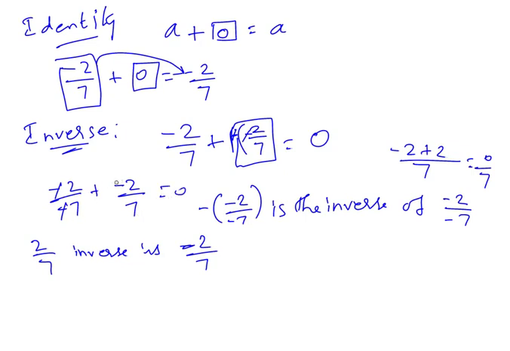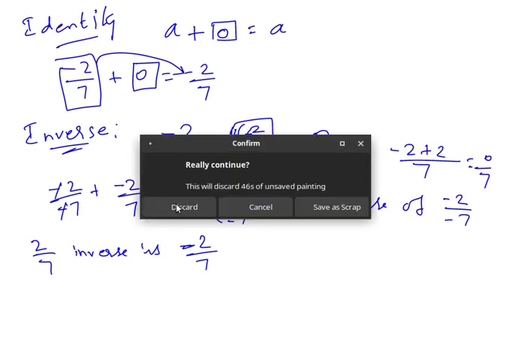So for this, minus 2 by 7 is the inverse. For 2 by 7, the inverse is minus 2 by 7. Next we will see properties of rational numbers under multiplication.